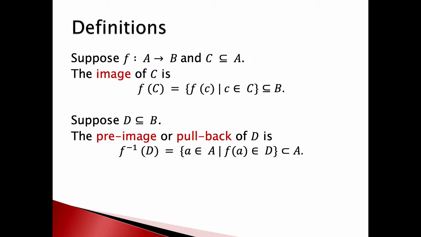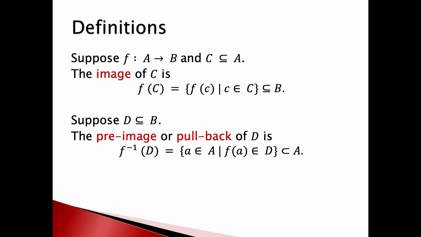So it's entirely possible that if the range of my function was not all of the set B, in other words, if my function is not onto, then the pre-image of some subset in B might be the empty set. There might not be anything that mapped onto that set.